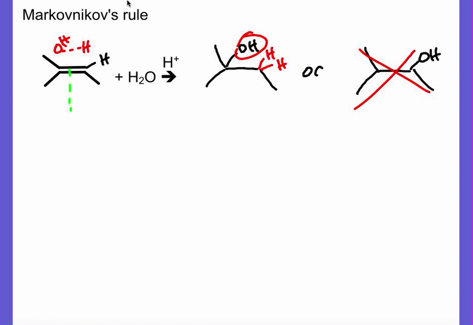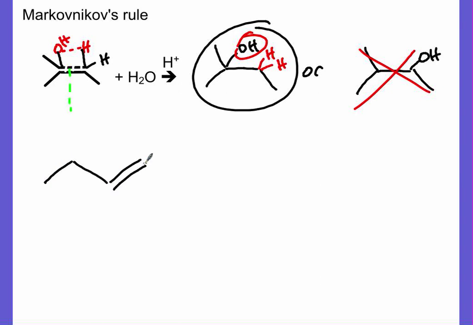Break this bond. Reform new bonds between that hydroxyl group and the carbon on the left and that hydrogen and that carbon on the right. I'm always going to get this product though, not the other one, because of this rule.